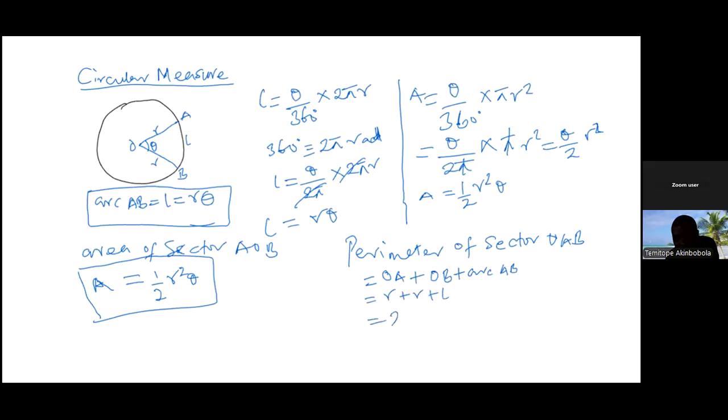2R plus L, and L is R theta. So the perimeter of the sector is 2R plus R theta. These are basic things you can be asked to do. But beyond this, questions can come in diverse ways, and of course, you need previous knowledge of mensuration of other shapes.